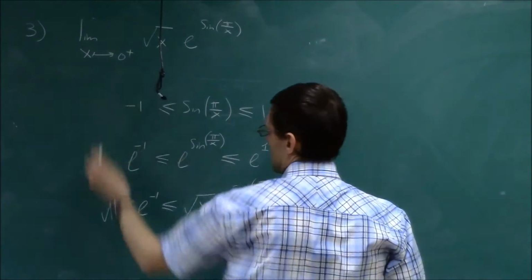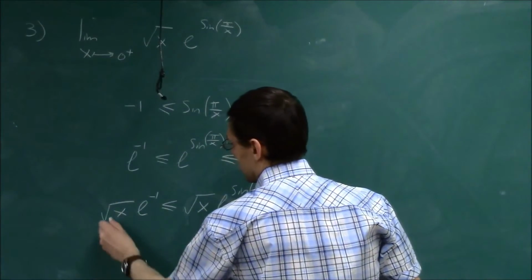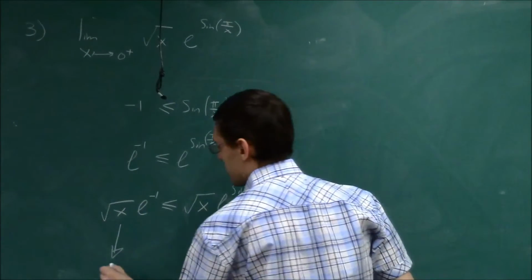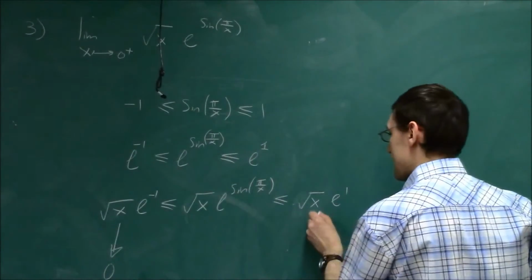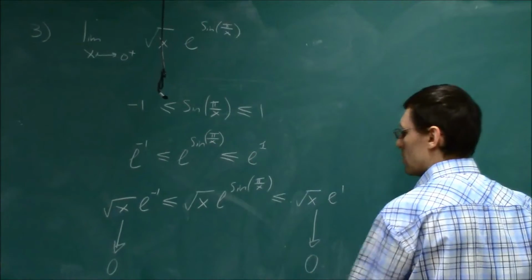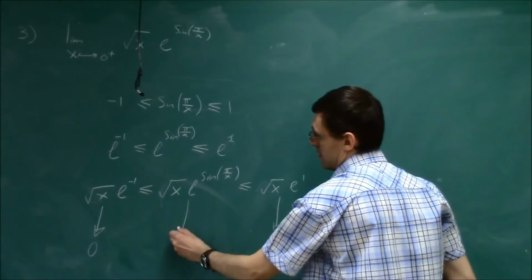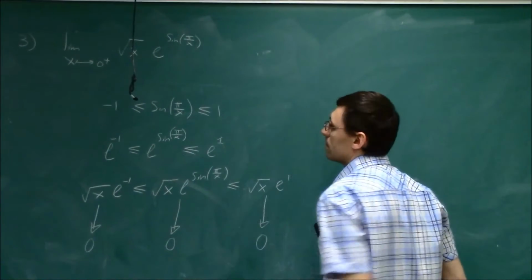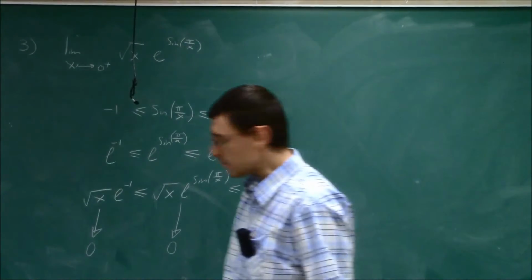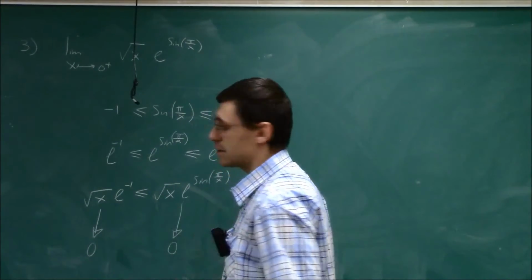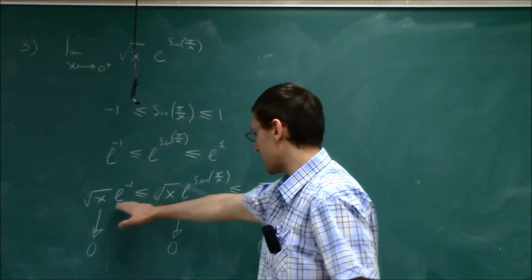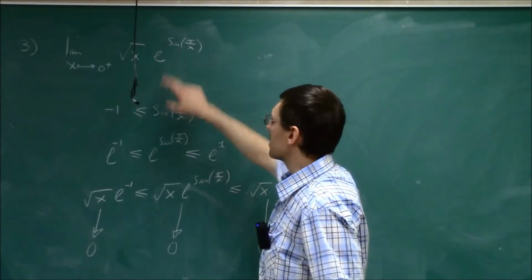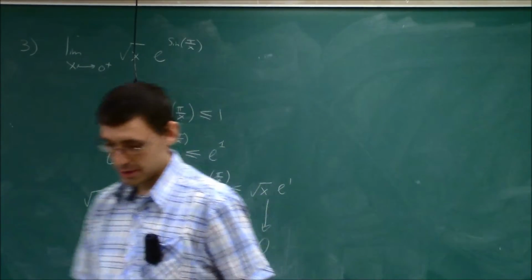Now x approaches 0. So this is just root of 0 times e to the minus 1, which goes to 0. This also goes to 0. So it forces the middle guy to go to 0. Again, we squeezed the middle guy between two algebraic functions.